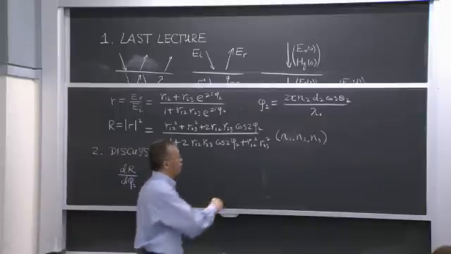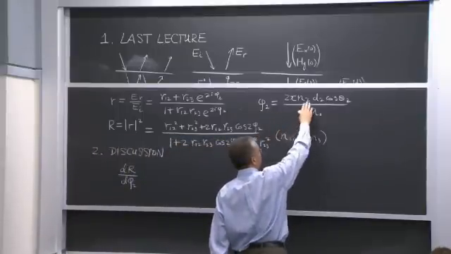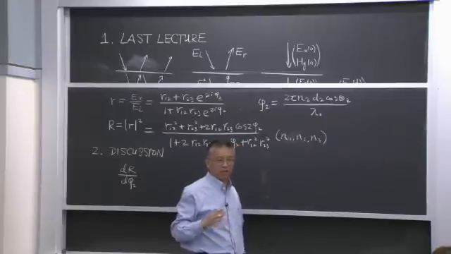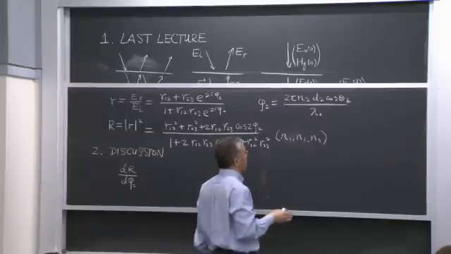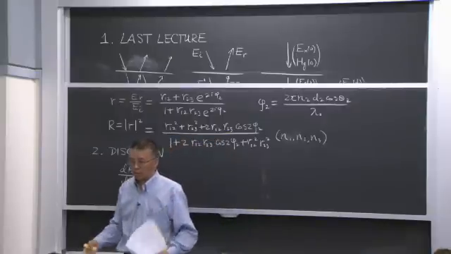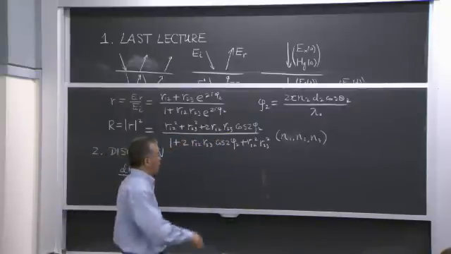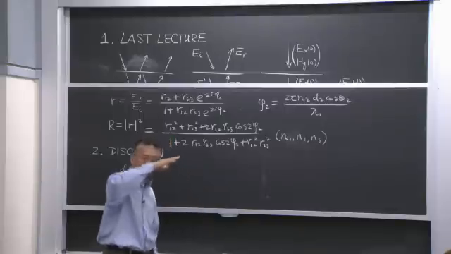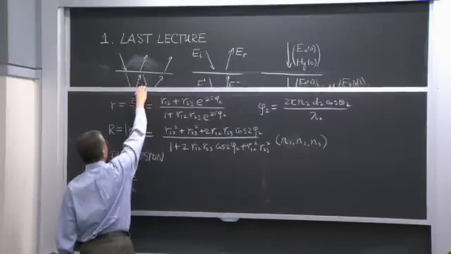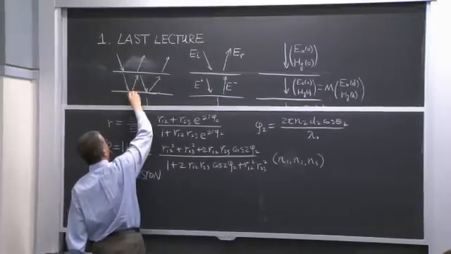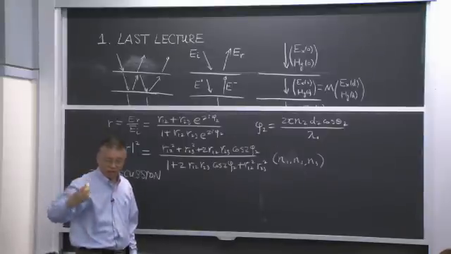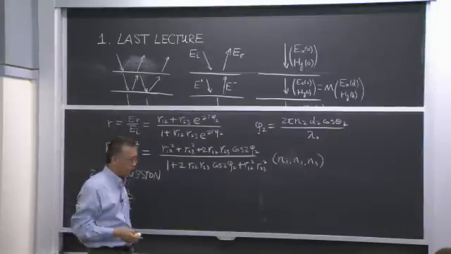This phi 2 is really d cosine theta, more like an effective thickness for the direction of propagation, divided by lambda 0, so normalized to lambda 0. And this 2 phi 2 is because of the round trip, right? If you look at the physics, the wave is coming, reflects back, so it's forward and backward, and that's a factor of 2 in phase.